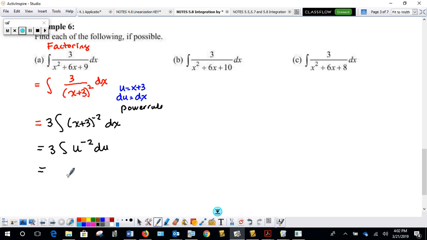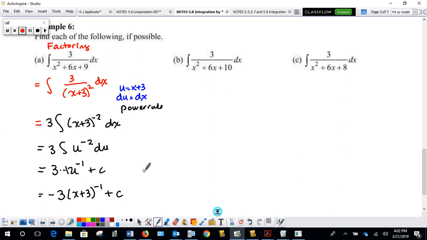So it turns it into a power rule problem. So our antiderivative would be u to the negative 1 divided by negative 1, or multiplied by negative 1, plus c, or negative 3, u was x plus 3 to the negative 1 plus c. So that works out to be this problem.